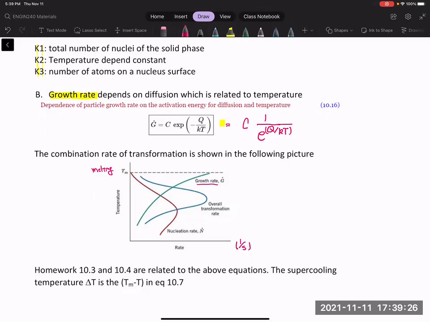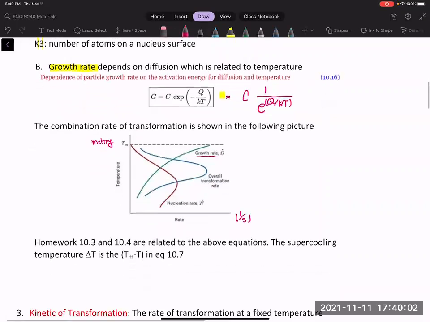It actually has a peak at a certain point of the temperature, where you're going to have the highest rate of transformation. And this is kind of important for us if we want to control how the solid solution is formed. What is the best combination of these two, or what is the best temperature that you should control in order to get the overall transformation rate the highest? Okay, so this graph shows you.